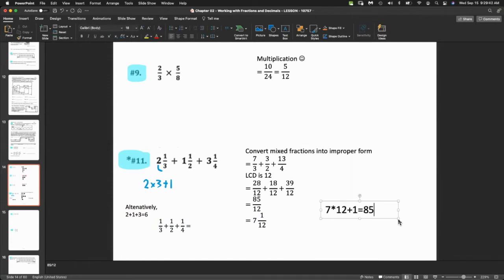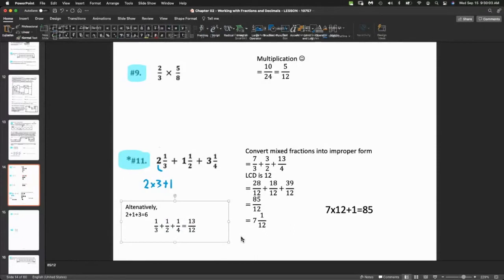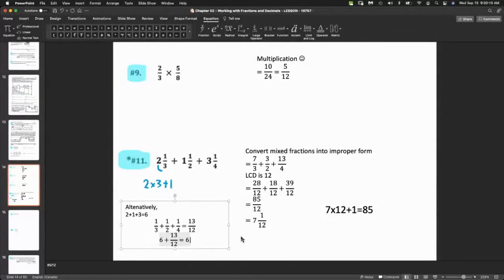I just know that from my mental math. So the alternative is down here. That's going to be 6 plus 13 over 12, or 6 plus 1 and 1/12, or 7 and 1/12.